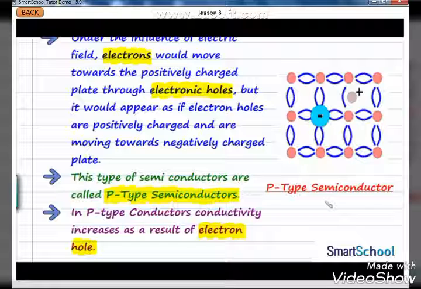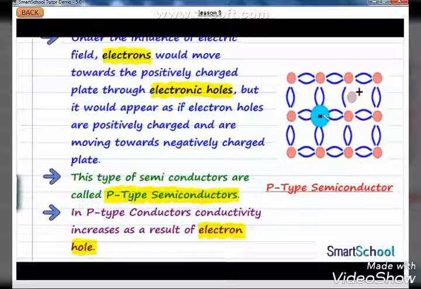Here we have a diagrammatic representation of P-type semiconductors. P-type semiconductors are formed when silicon or germanium crystal is doped with trivalent impurities, and these trivalent impurities can be boron and indium. Here we can see the silicon crystal lattice, and this is the impurity atom which is trivalent.